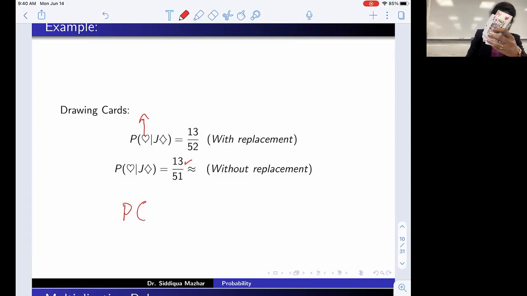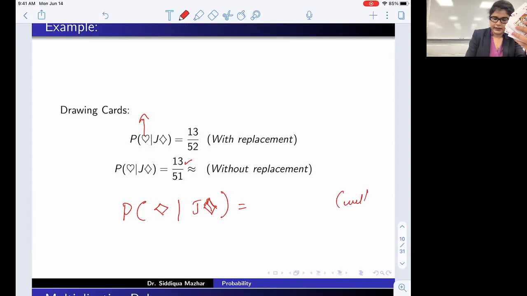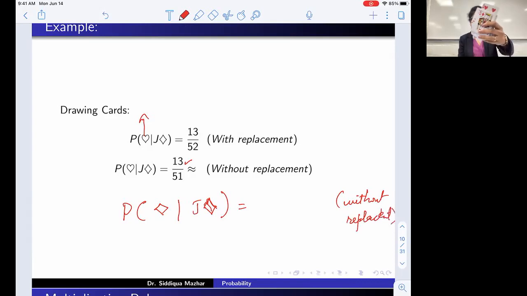If I ask you, what is the probability of a diamond, given that the jack of diamonds has already happened, without replacement, like I'm putting it in my pocket after finding the first one. So what will that be? Could you think of it?